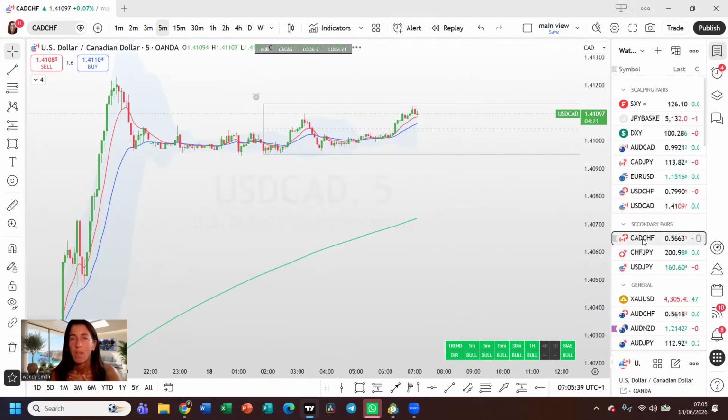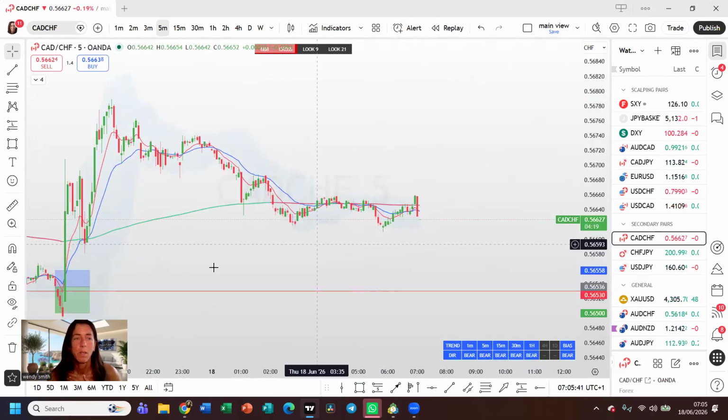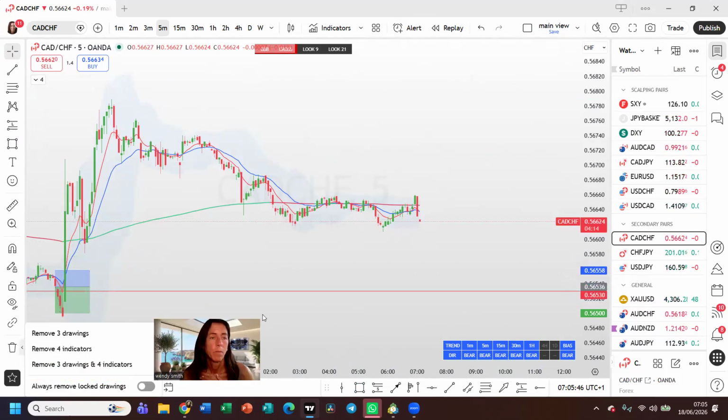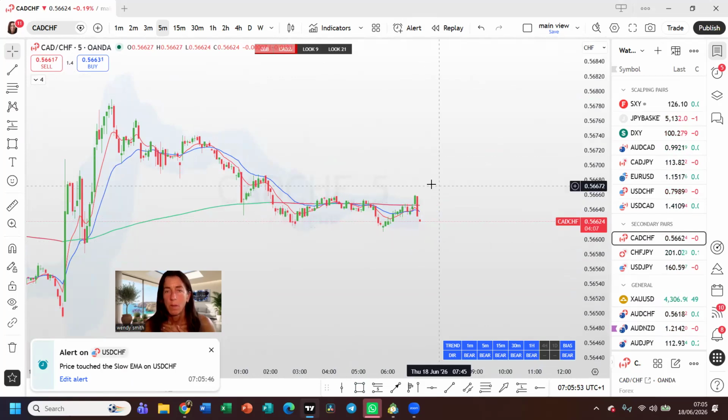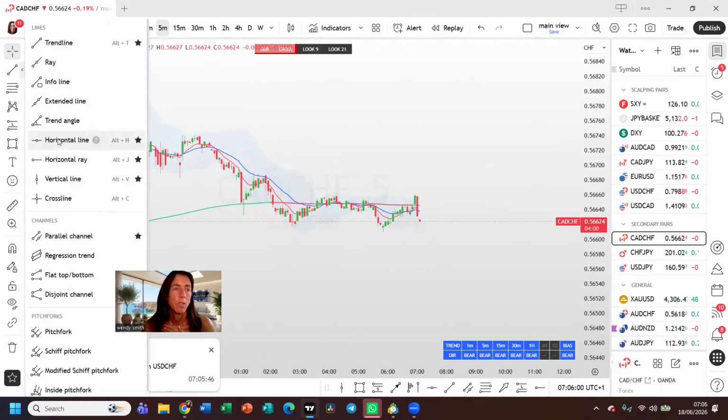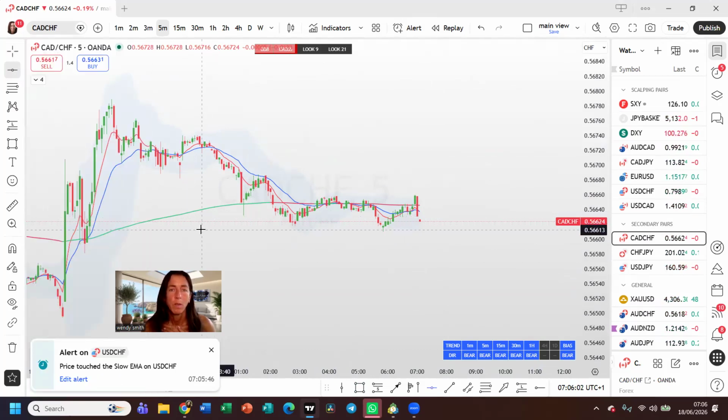How's CAD CHF doing? USD CHF. I thought that'd start going off straight away. This one looks like it's going to start coming down again. I'm not really wanting to touch these just because of the news at the minute.